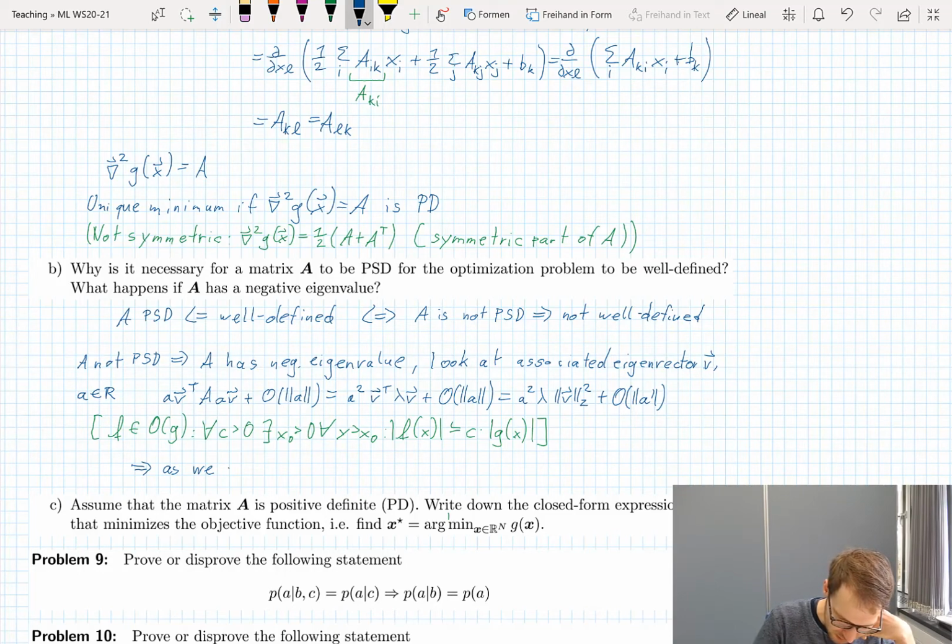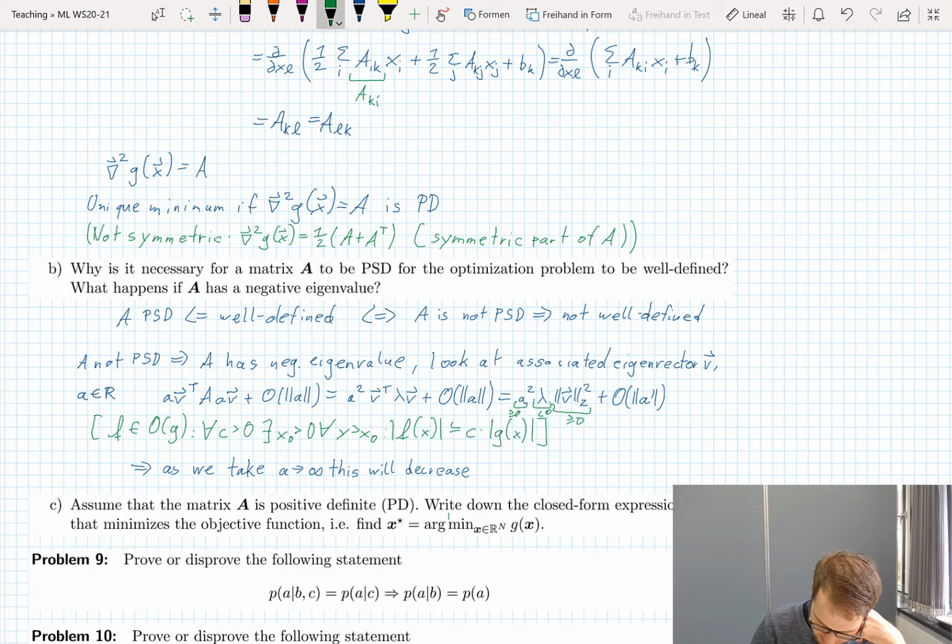So as we take a to infinity, this will always decrease, because this is smaller than 0. This is greater equal 0, and this is greater equal 0.